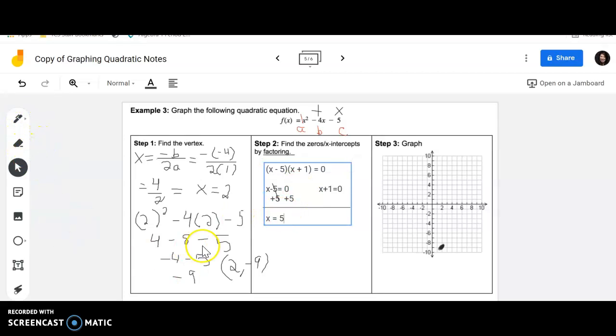And then we can do the same thing over here with the 1s. It's a plus 1, so we can subtract the 1 from both sides. When we do that, the 1s will cross out, and we'll be left with x equals negative 1. And those are our zeros. These are our zeros, or our x-intercepts.